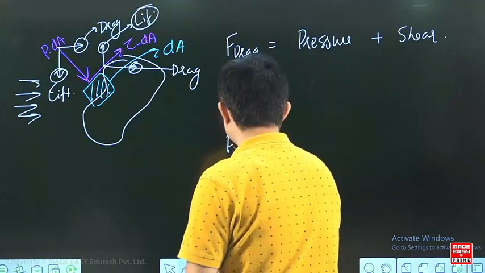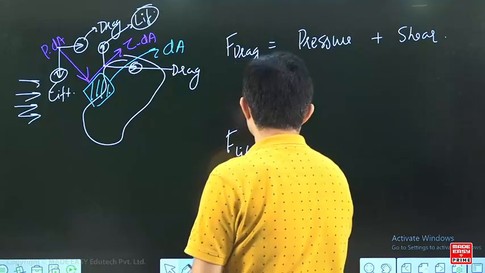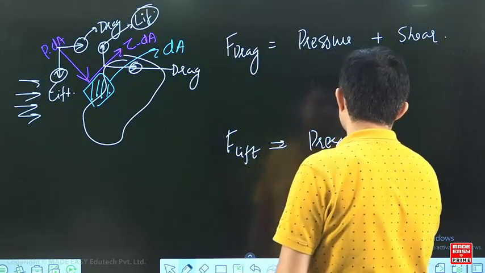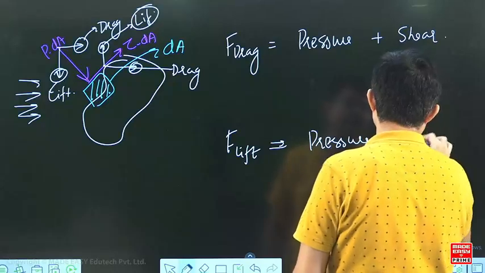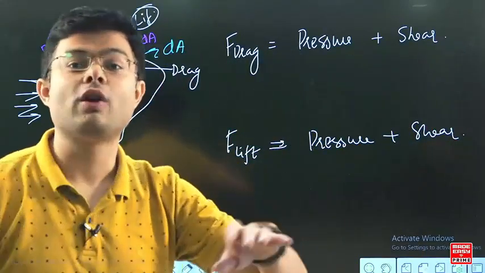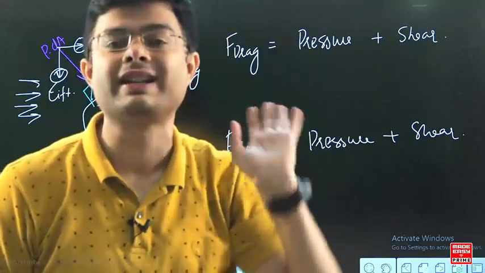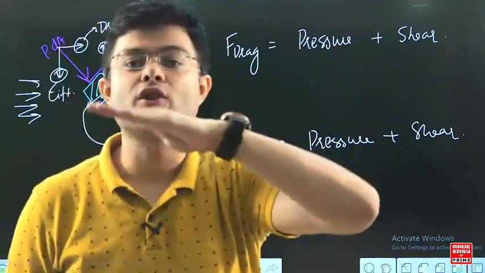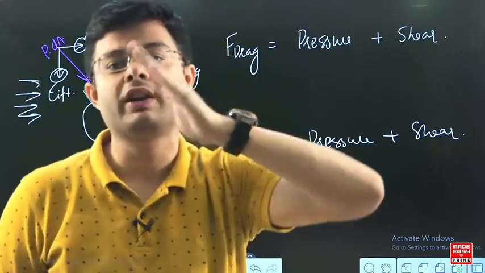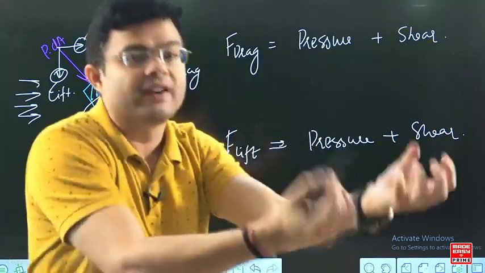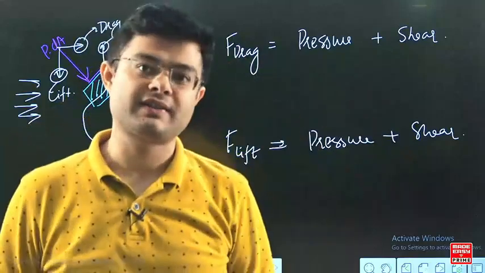In the same manner, lift force can be created by 2 methods. It can be created due to pressure. It can be created due to shear. I am not saying that in all the bodies all 4 will exist. No. It purely depends on the orientation of the body which one will exist and which one will not exist.